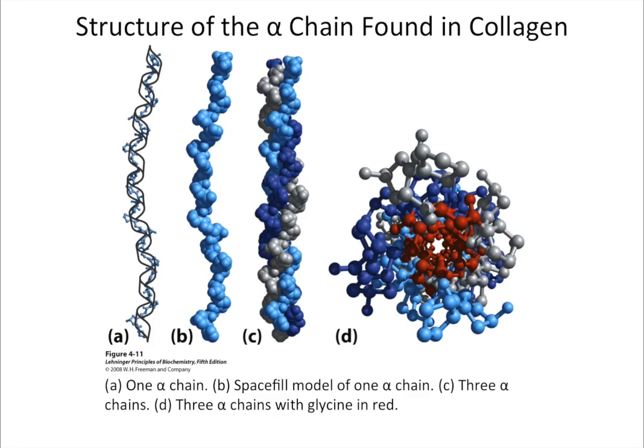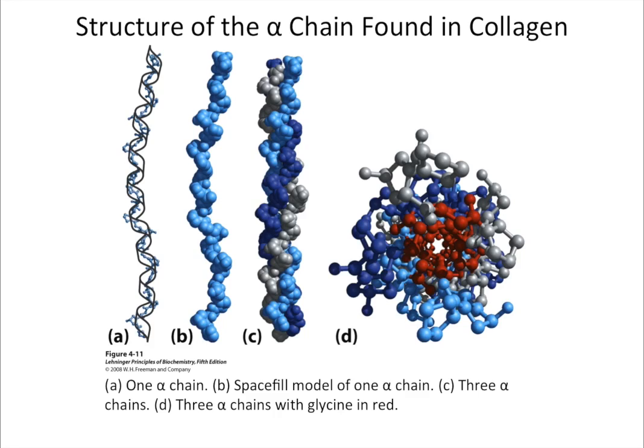Okay. So going back to the alpha chain, the dihedral angles are, for phi, negative 51 degrees. For psi, it's positive 153 degrees.